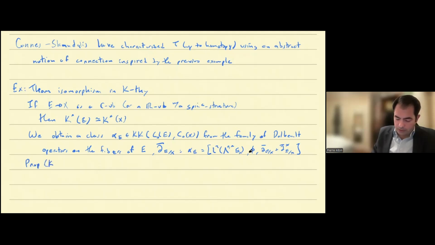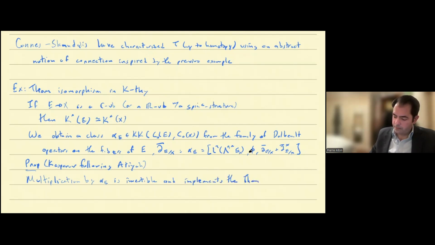And the proposition, which is due to Kasparov, but is a reinterpretation of Atiyah's proof, says that multiplication by alpha_E is invertible and implements the Thom isomorphism.